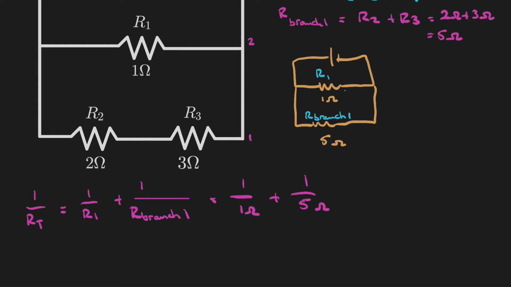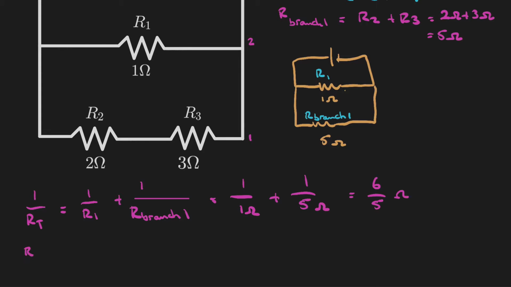Okay? Which equals 6 over 5 ohms. But if you remember again, we need to find RT, we'll need to flip this fraction, which is called finding the reciprocal.